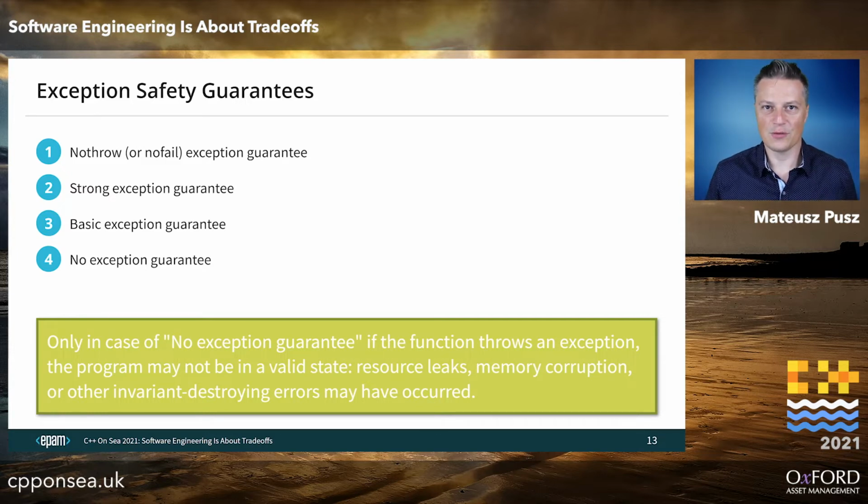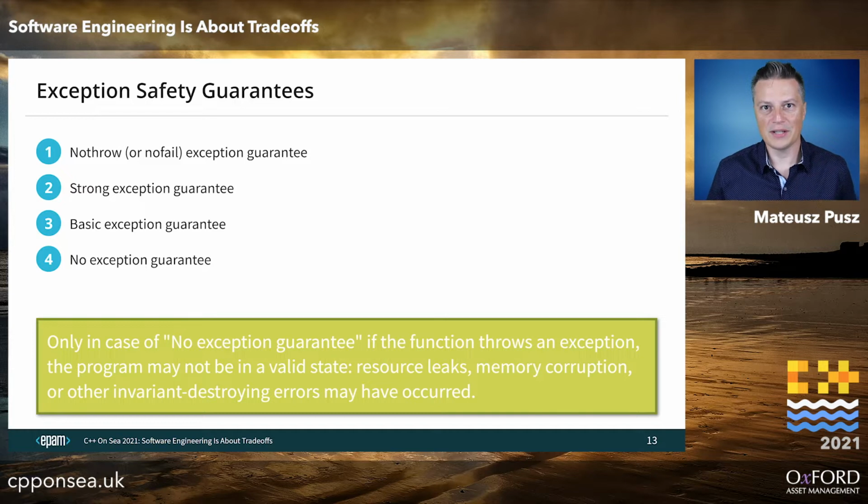Basically the state of the application, the state of your classes and objects, is as it was before calling this function. So if this function already did something up to the point of the exception, it has to undo all of the operations in order to restore the previous state. With basic exception safety guarantee, this undo operation is not mandated.